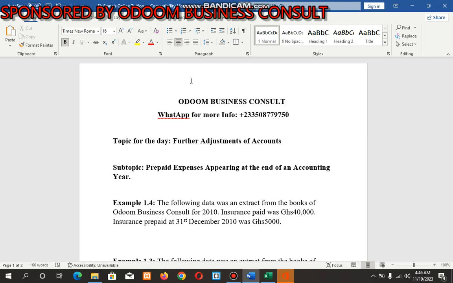It means that extra 5,000 made at the end of the accounting year relates to an expense for the coming year, which is 2011. So we have to reduce that relevant expense by 5,000 Ghana cedis. And for you to reduce an expenses account, because all expenses have a debit balance, what you have to do is to credit your relevant expenses account. So this is the explanation I can give you on this.